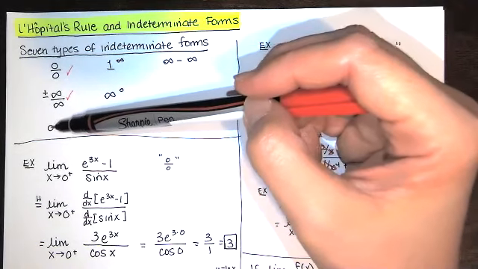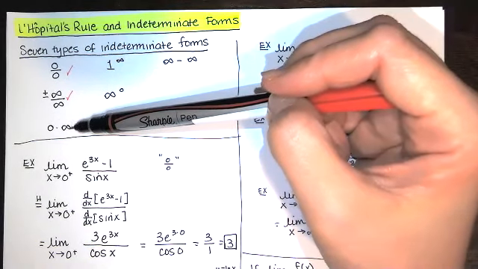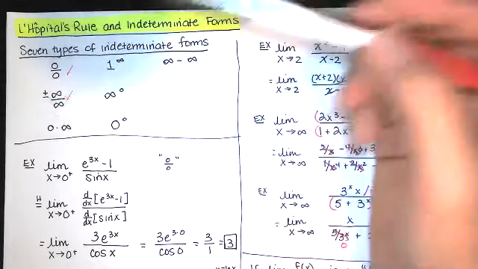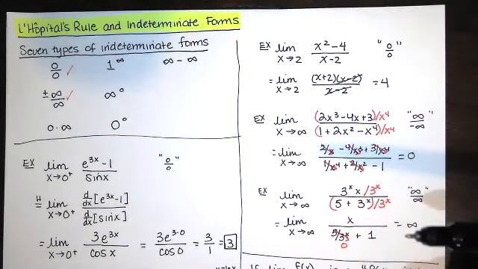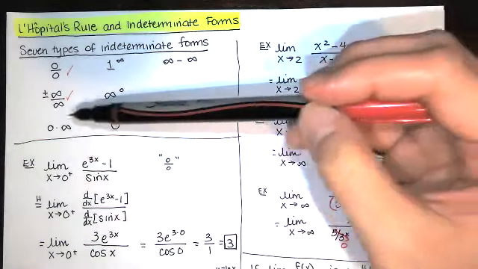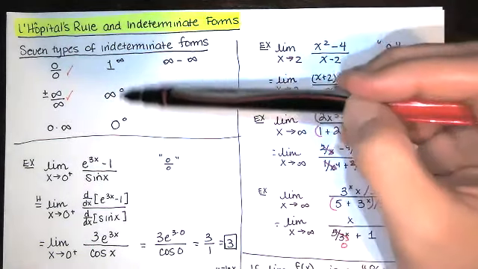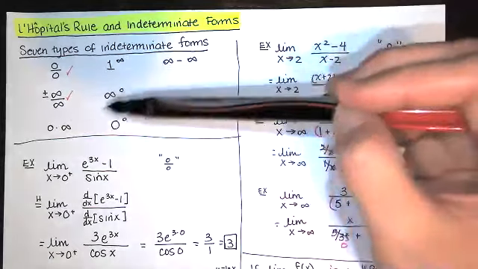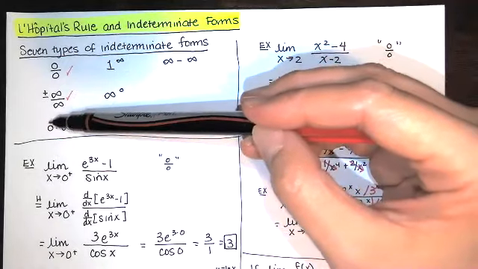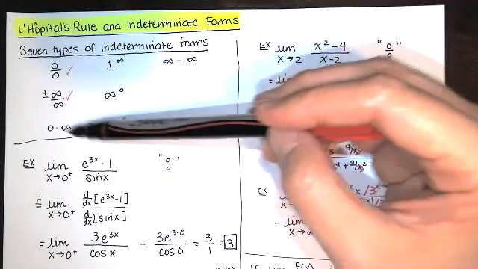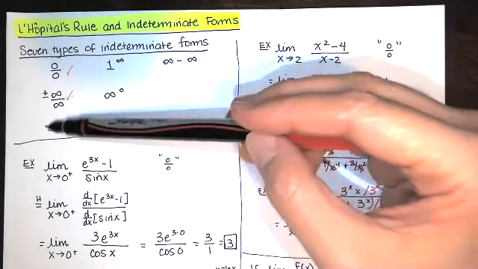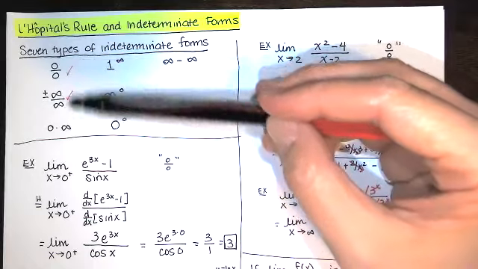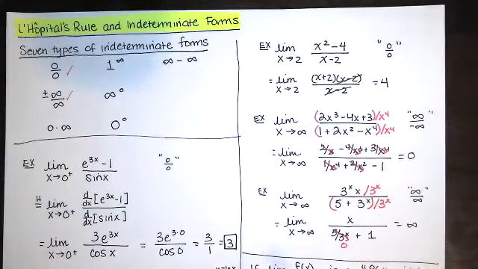And if this approaches 0 at the same rate that this approaches infinity, you might get a number like 17. You might get 4 or something like that. So the idea with all of these is that we've got to rewrite this. And if you have a product indeterminate form like this, a 0 times infinity indeterminate form, that can easily be rewritten as one of these indeterminate forms, as we'll see in the next couple of examples.